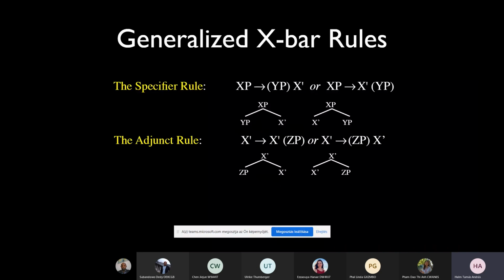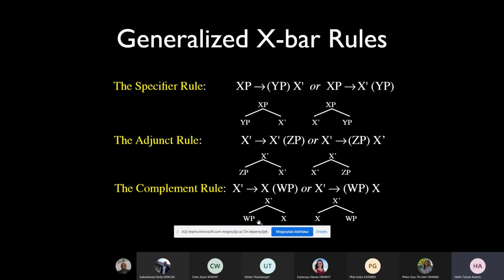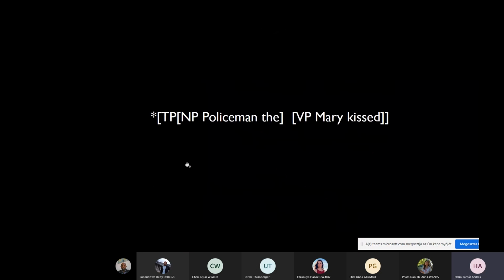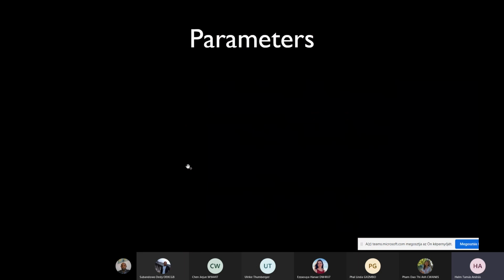Maybe there is a language where an adjunct has to precede X-bar or follow X-bar. And the same with complements. Maybe there are languages where the complement comes after the head, just like English. And maybe there are languages where the complement comes before the head. Okay, this is a nice theory, and let's see how this would work out.